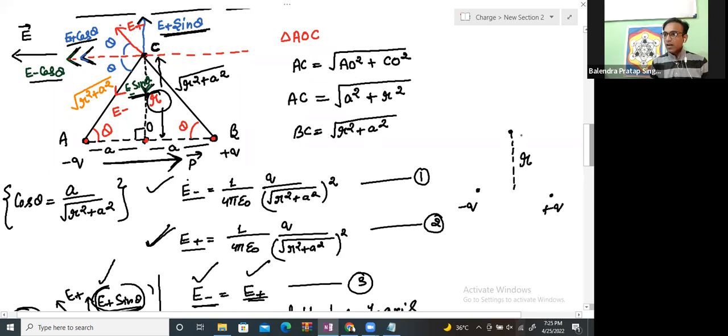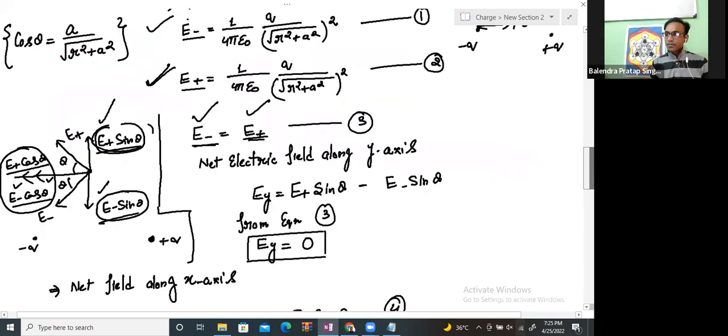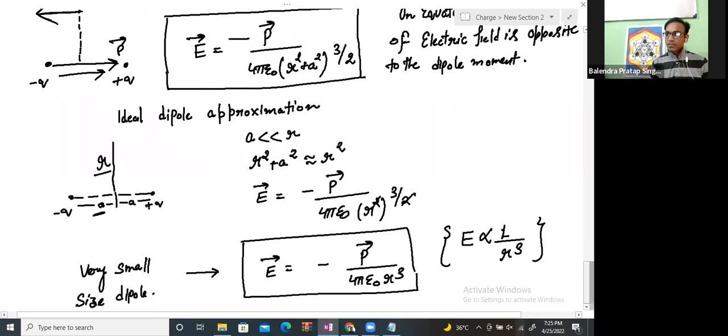This is your r, and this is your small a. Is it clear? Abdul Rahman, is it clear to you? Yeah, okay. So this is your ideal dipole approximation.